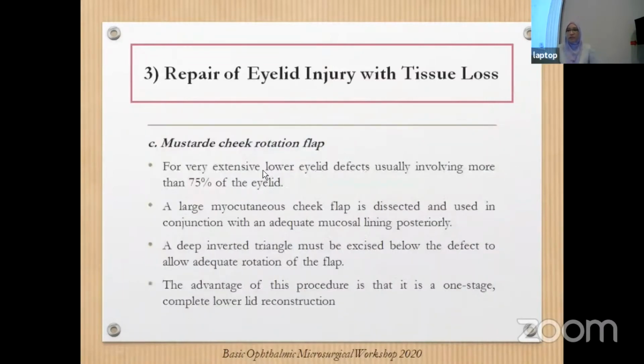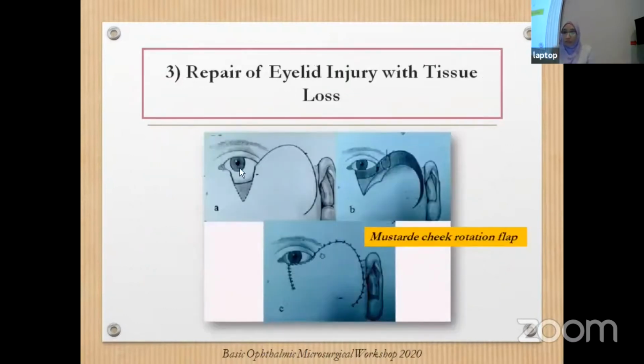And then the next one you must study is the cheek rotation flap. This one is for very extensive lower eyelid defect, usually more than 75% of the eyelid. So it's like this. This is the defect of the lower eyelid, for example after excision of a lower eyelid tumor, more than 75%.